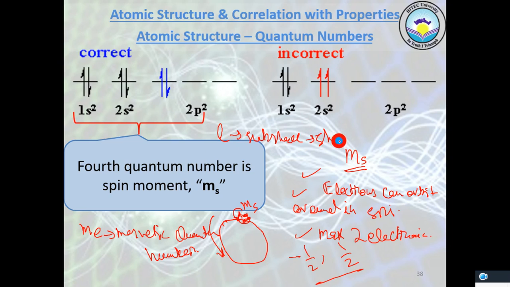And n was the principal quantum number, that was describing energy states for different shells.